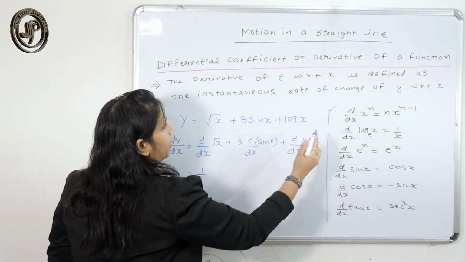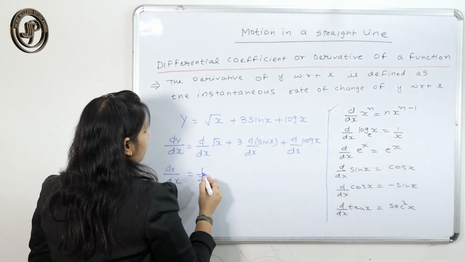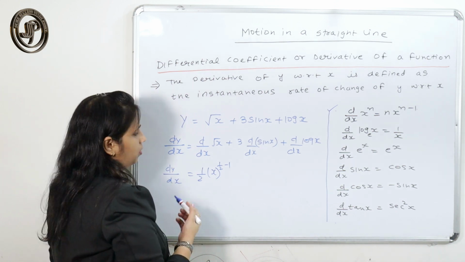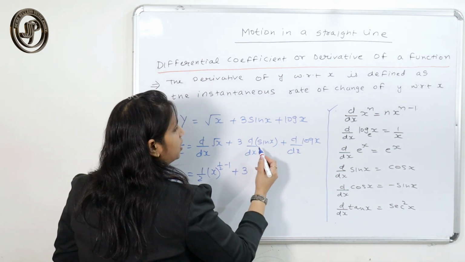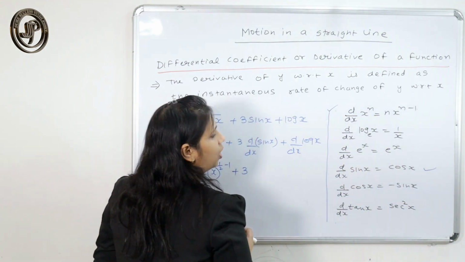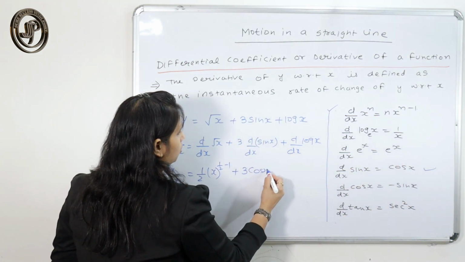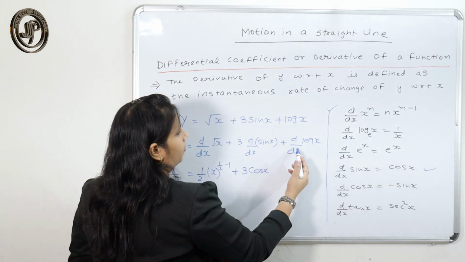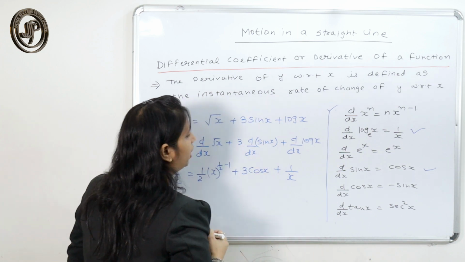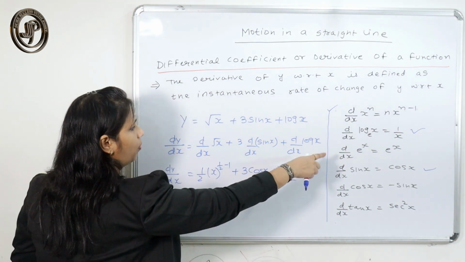So how can I apply this formula here? 1 by 2 x raised to power 1 by 2 minus 1, right? Plus 3 times the derivative of sin x. Here I can use directly this formula, which equals cos x, right? And the derivative of log x is 1 by x. So we can directly write those formulas from here.